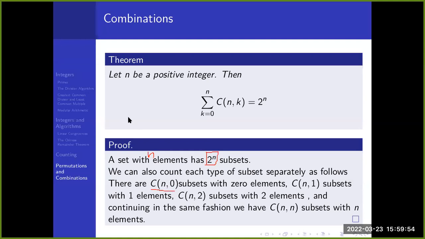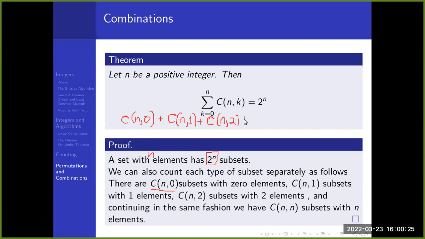The number of subsets with no elements will be n combination 0. The number of subsets with only one element will be n combination 1. So this continues like that. The number of subsets with 2 elements will be n combination 2.